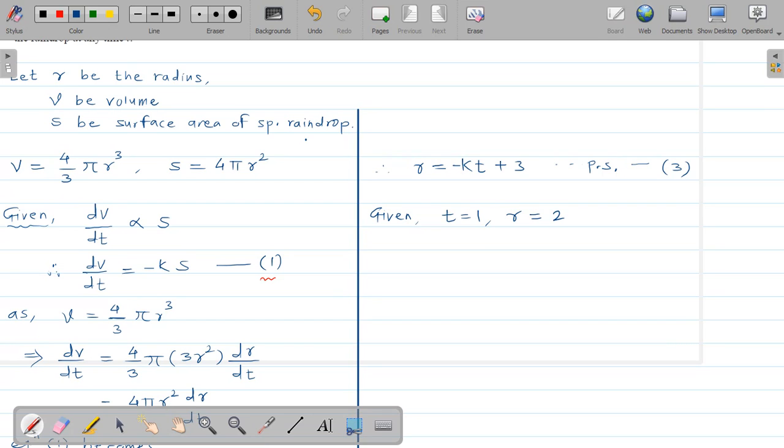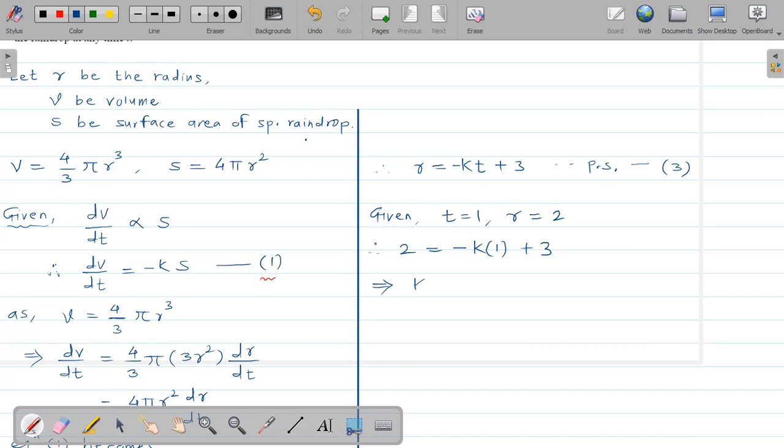So r is equal to 2 when t is equal to 1. And if you put this in equation number 3, then we get 2 is equal to minus k into 1 plus 3, and by which you will get the value of k. So if you solve this carefully, then what will be the value of k?